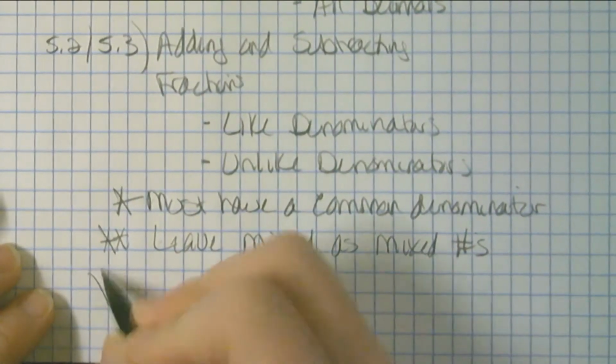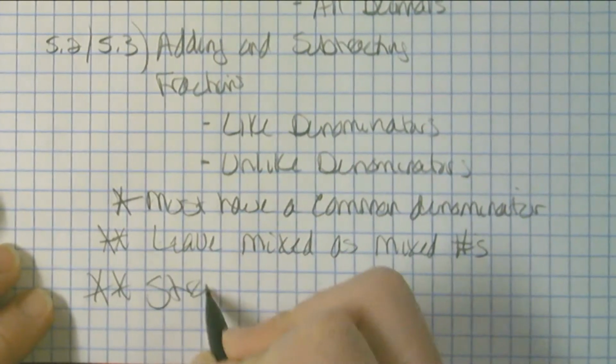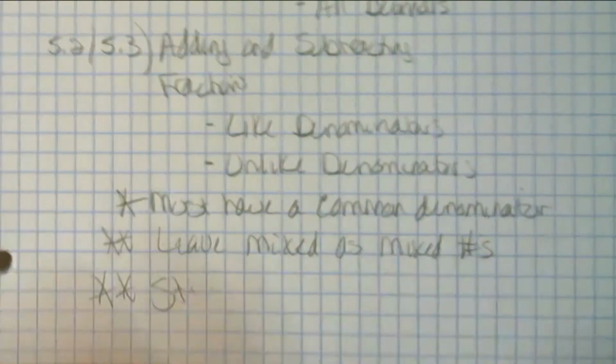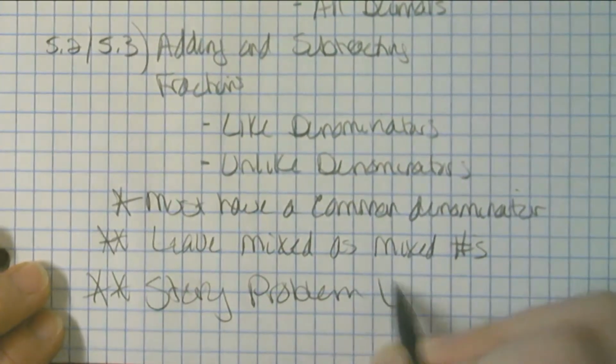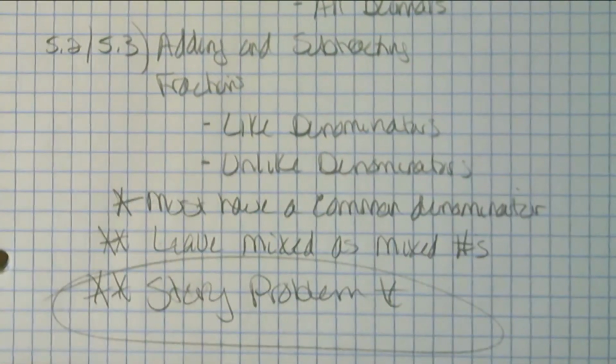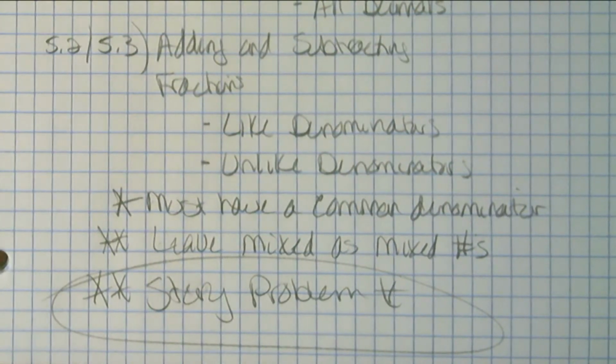I would look for a story problem here. So I would definitely advise that you go back into one of those two sections, probably the one with unlike denominators. I would focus on that one the most and do some story problems from that, because I'm not giving you fractions with the same denominator.